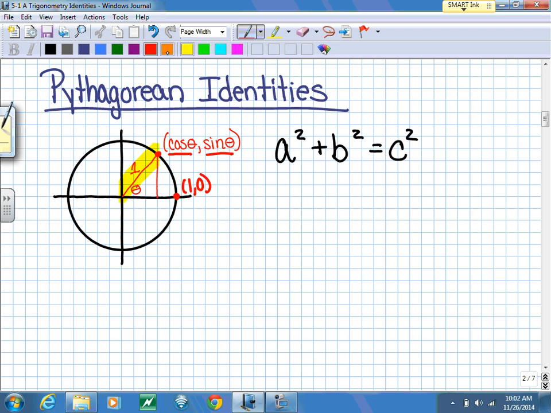Well, from this then, we have been talking about how your x value is always in relation to the cosine of theta, and our y value is always going to be our sine of theta.